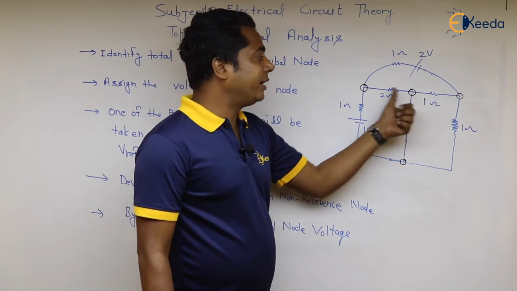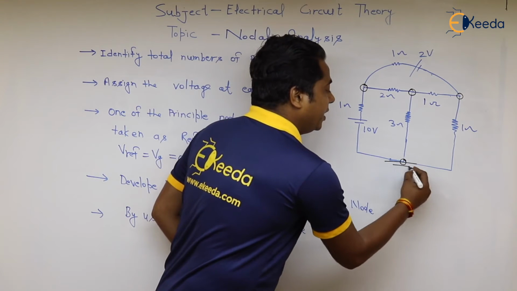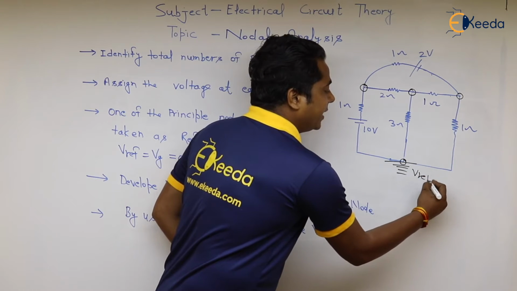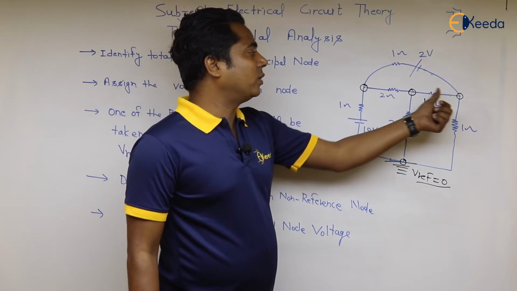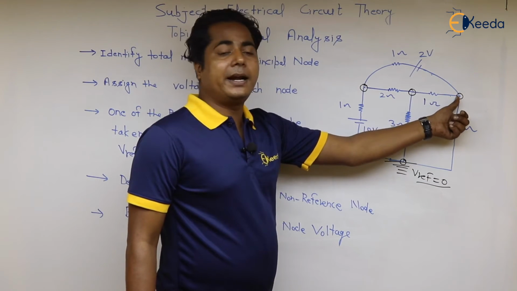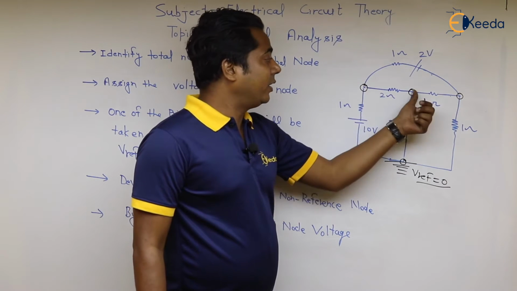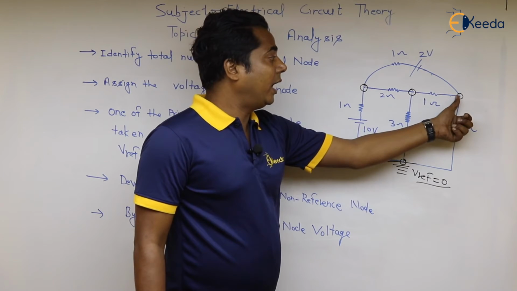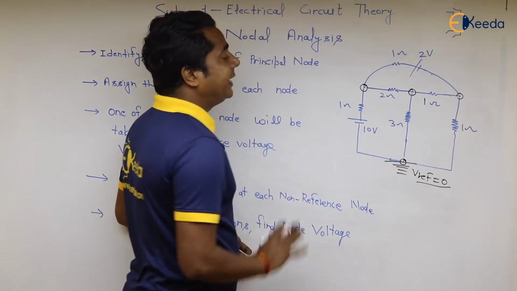all the non-reference nodes. If we have taken one reference node, let us assume we have taken this node as the reference node and this is equal to 0, and these will be your non-reference nodes, and we can write the KCL equation at the 3 non-reference nodes, and then we can calculate these voltages through KCL.